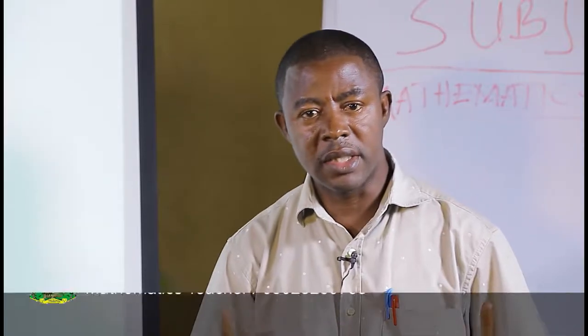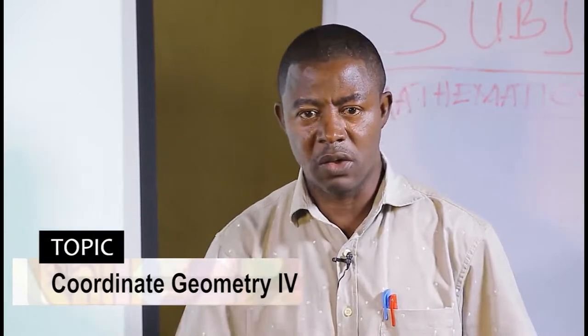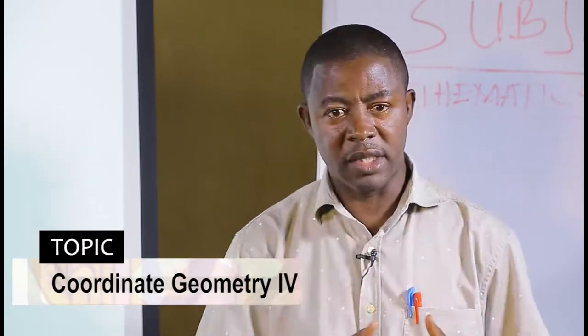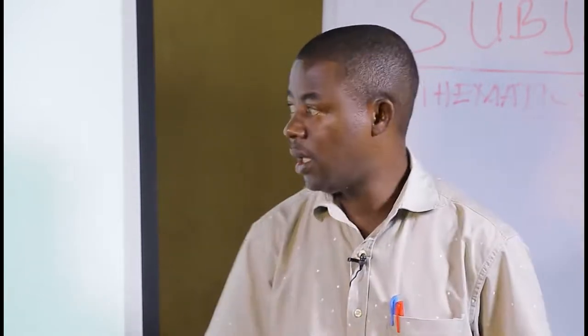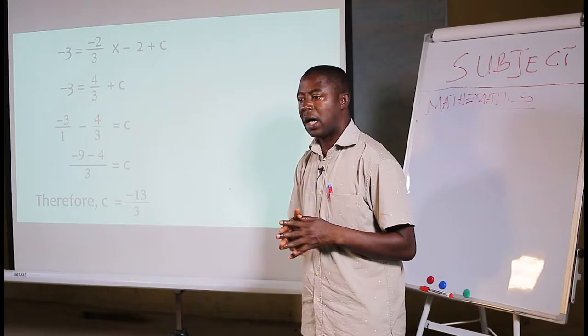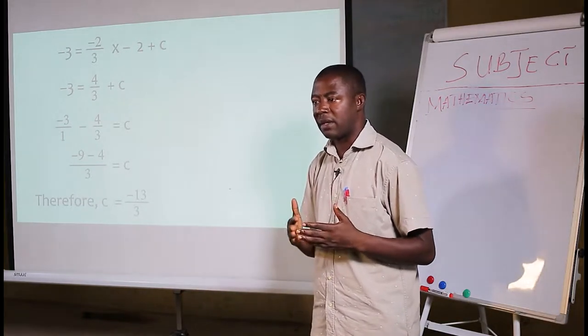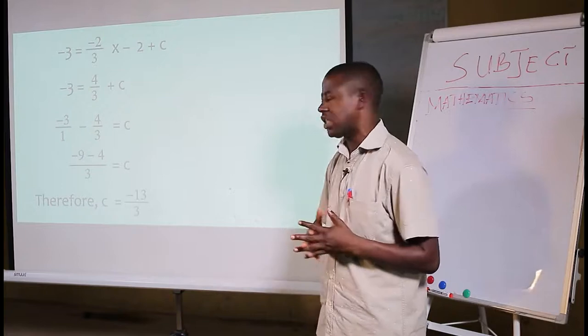Now, making c the subject of the formula, because it is the unknown we are trying to find, we will have minus 3 minus 4 over 3 equals c. Therefore, our c can be determined by finding the LCM.